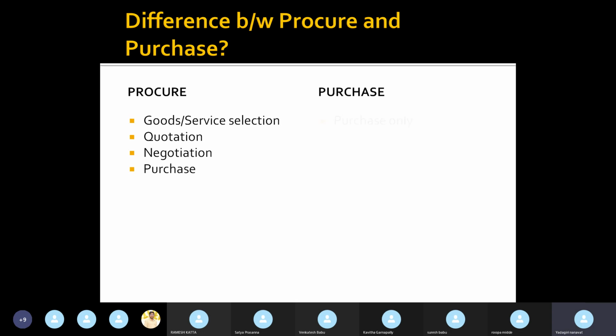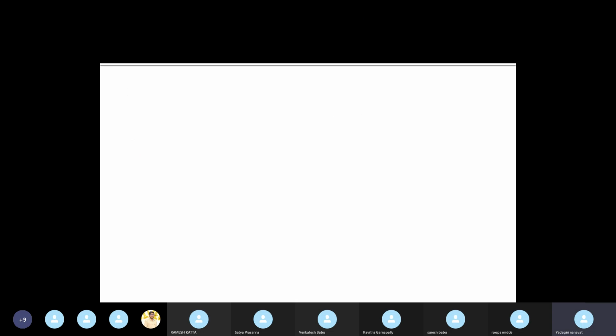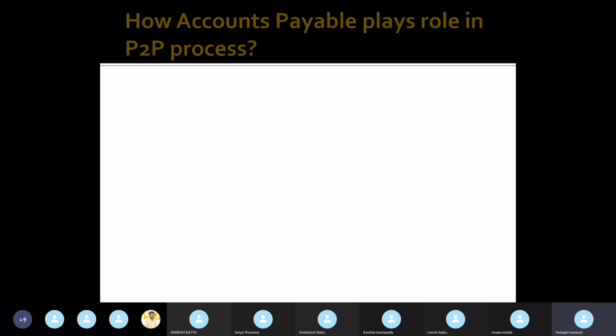In case of purchase, we will use purchase only. How does accounts payable play a role in the P2P process? Can anyone explain? It plays a very important role in the finance department, making payments to the vendor on a due basis for the invoices on the basis of payment terms.